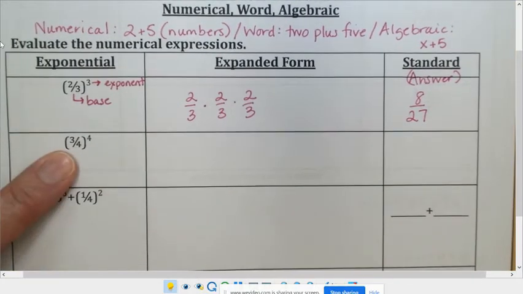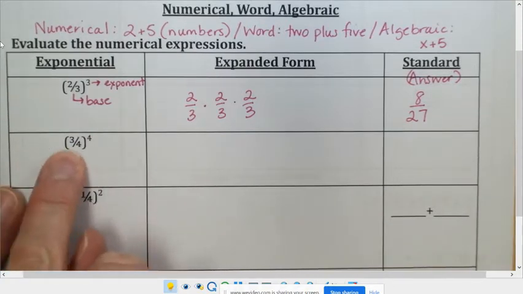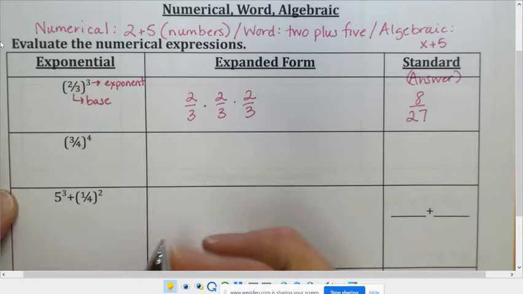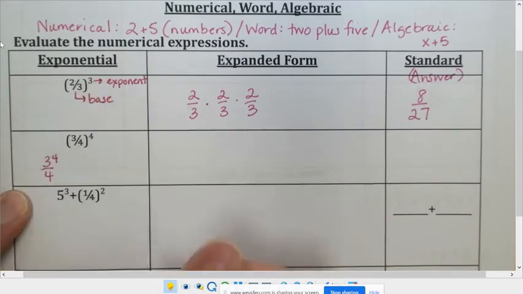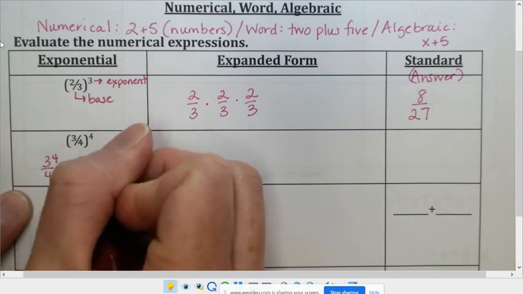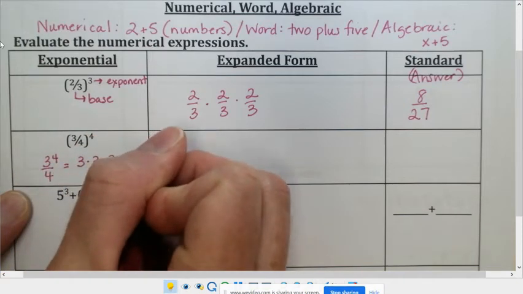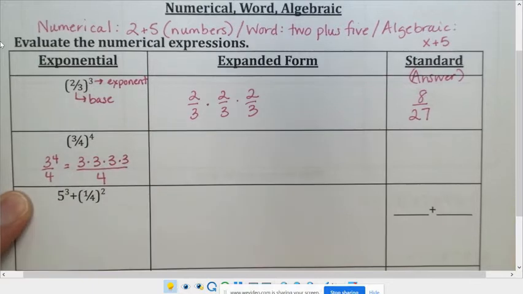The same thing would happen if I had 3/4 to the fourth power. Now remember, these are in parentheses, and there's a reason for that. It's because I'm taking the whole 3/4 four times. If I write it without parentheses, that really means something else, and that's not what I want.